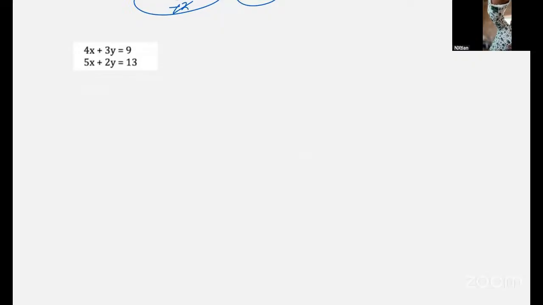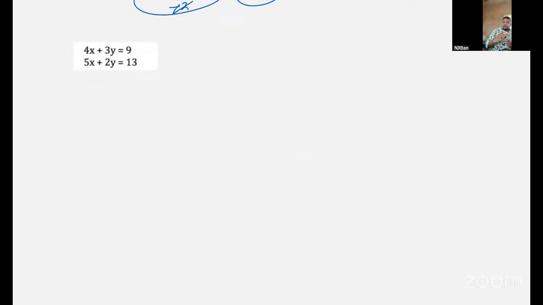6. That means you have to change this 3 into 6 and this 2 also into 6. Did you understand? Yes, sir. So what will you do now? We'll multiply 2 into 3 and 3 into 2.